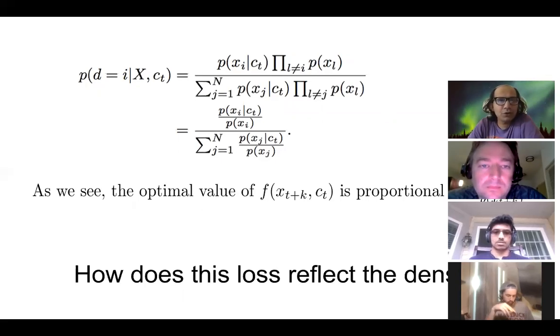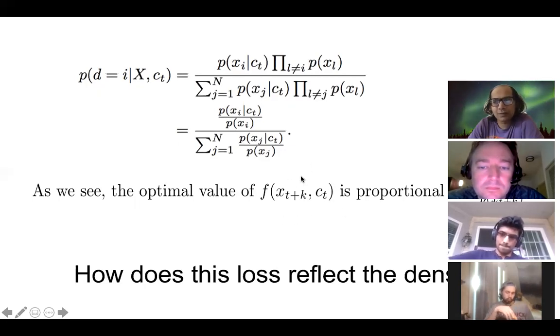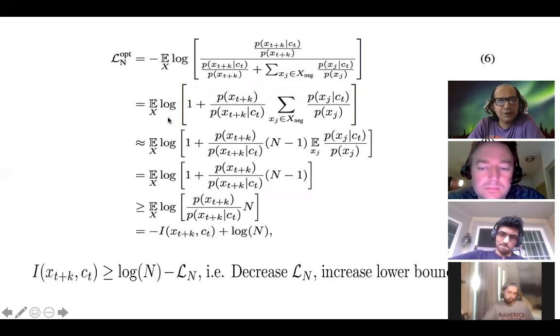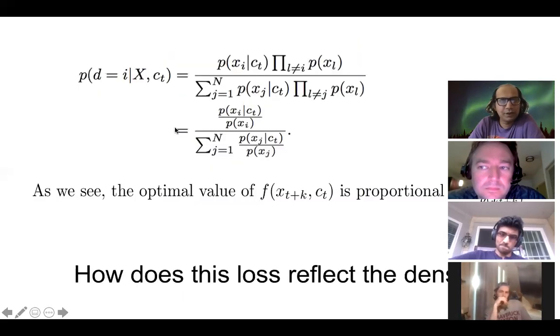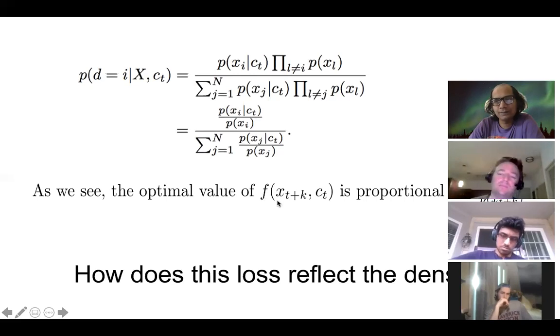And they have shown that predicting this positive sample is actually proportional to the density ratio that they wanted to estimate, because this probability is actually proportional to this density ratio they wanted to estimate.